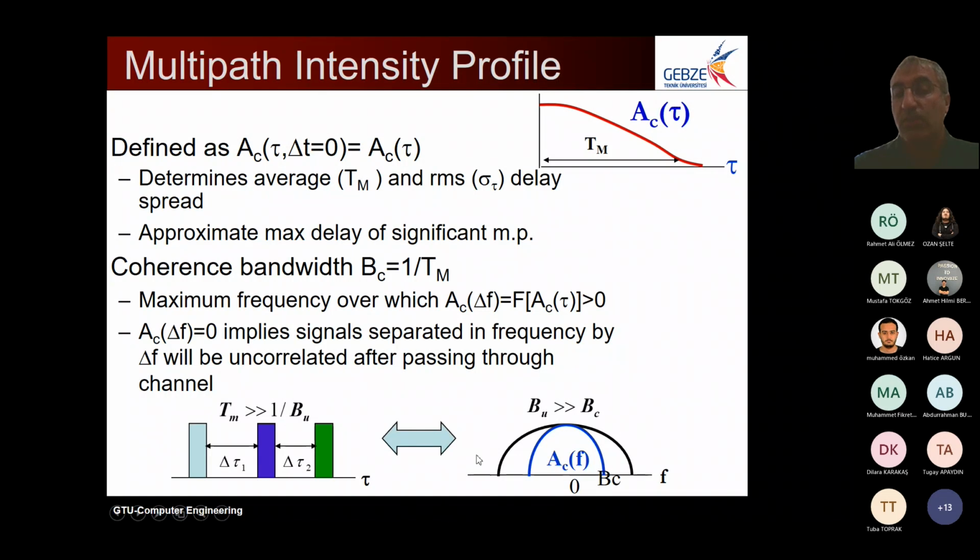What is the coherence bandwidth of a channel? It is the frequency bandwidth over which the channel is not changing, is fixed. That's what we call coherence bandwidth, and it's obtained by 1 over Tm, where Tm is the maximum delay spread.